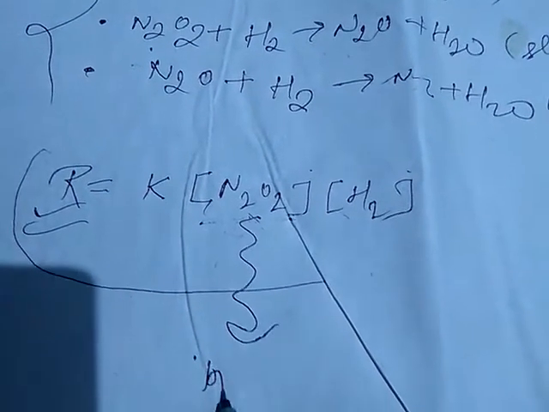So from this rate law, now we have to eliminate this N2O2, because this N2O2 is not present in our main reaction, and those species which are not present in the main reaction are called intermediates.